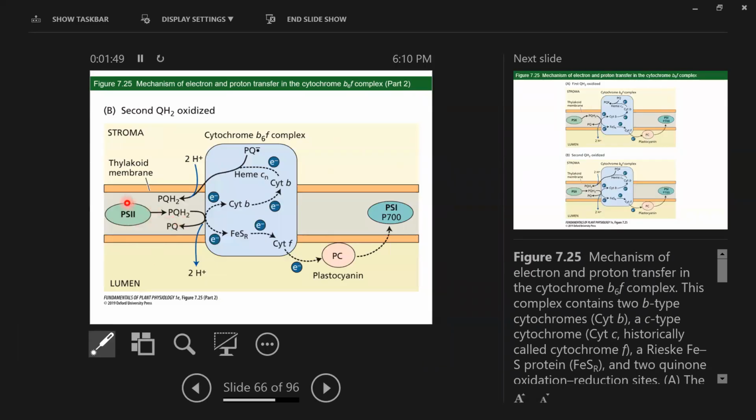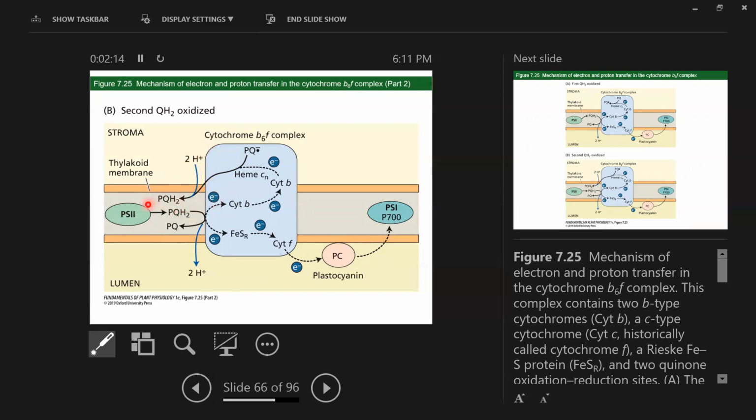The second PQH2 that releases off of photosystem 2 finds its way to that same cytochrome B6F and it donates its electron into the Q cycle. So now you see that semi-reduced plastoquinone gets that second electron, grabs 2 protons, and releases as the fully reduced PQH2.